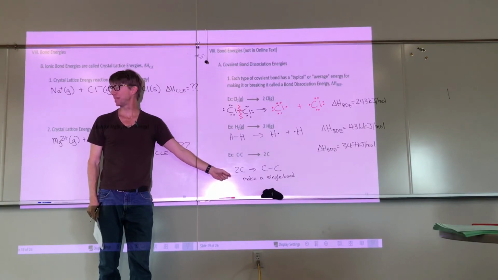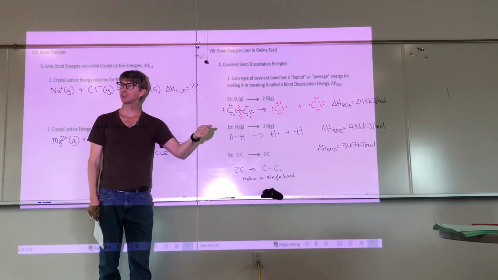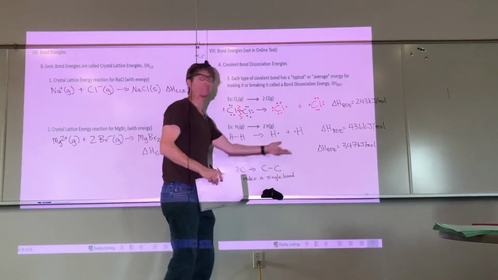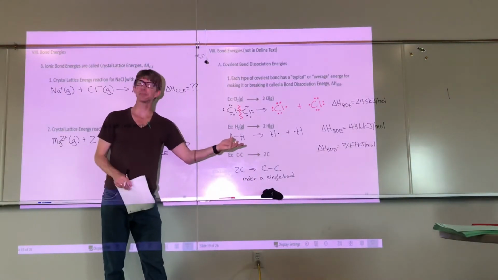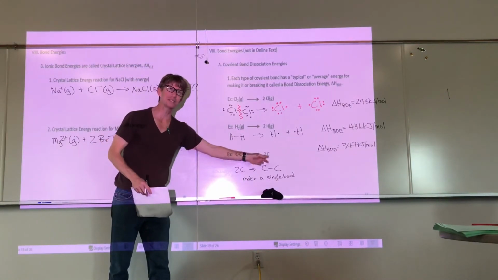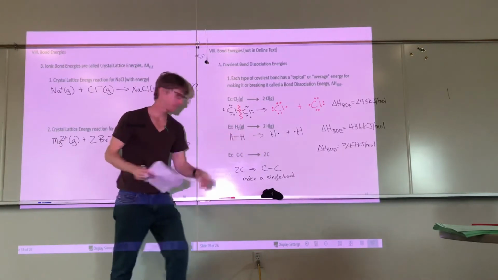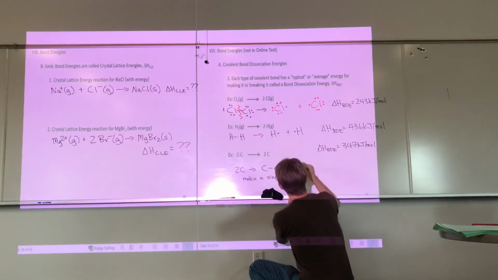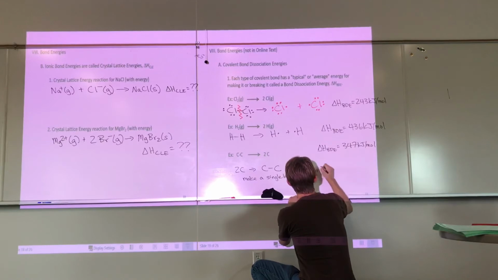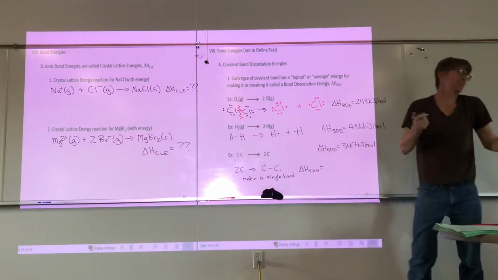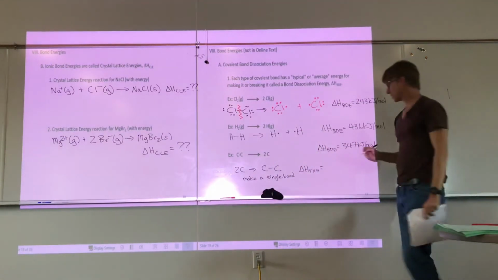The same rules apply. Flip the reaction, change the sign of delta H. It's not a bond dissociation energy reaction because bond dissociation breaks bonds. It doesn't have a name. So I'm just going to call it delta H reaction. And it's minus 347.